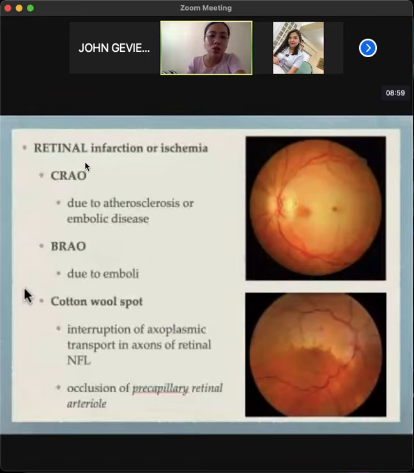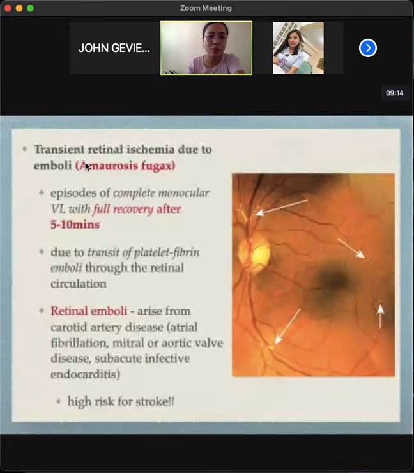A cotton wool spot also signifies infarction or retinal ischemia. It is a superficial retinal ischemia due to occlusion of the precapillary arterioles. Amaurosis fugax, or transient retinal ischemia, is a transient monocular visual loss with full recovery of vision after around 5 to 10 minutes. So usually they should recover.